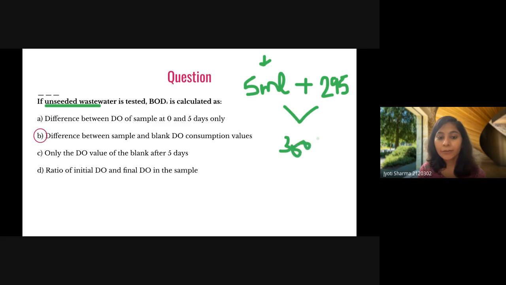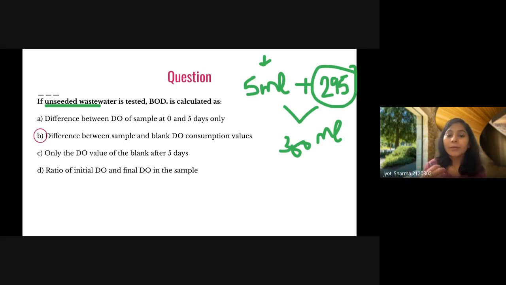This is the dilution water that we are adding to the 5 ml. And why are we doing the dilution? Because sometimes the BOD value is so high that it is very difficult for us to measure it using 5 ml, so we have to do the dilution.